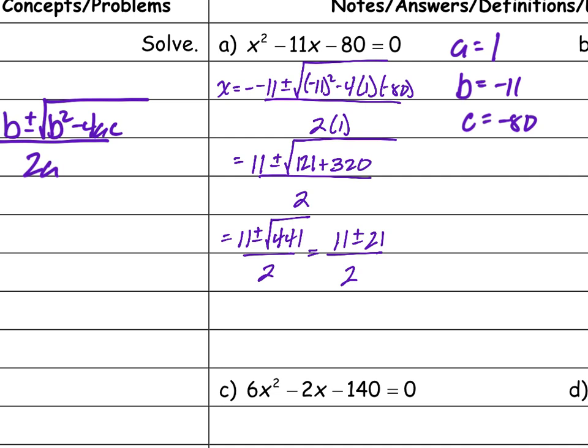And then I have two separate problems. I have 11 plus 21 divided by 2, and I have 11 minus 21 divided by 2, which is going to give me 11 plus 21 is 32 divided by 2 is 16. And 11 minus 21 is negative 10 divided by 2 is negative 5. So there's my answers.